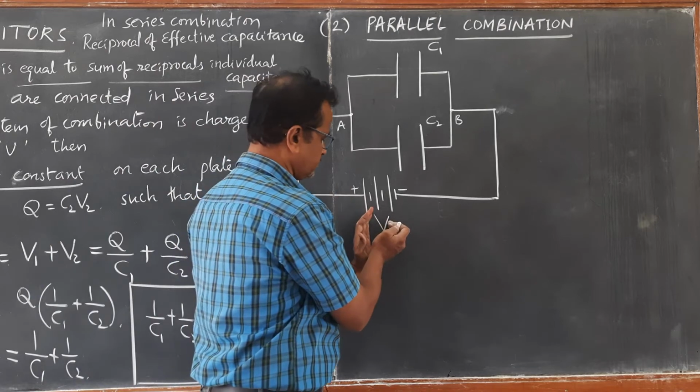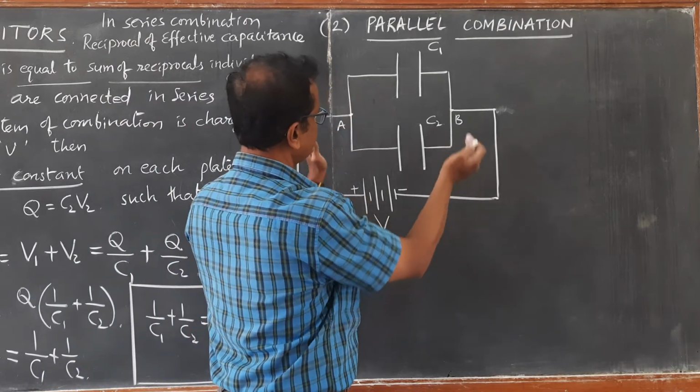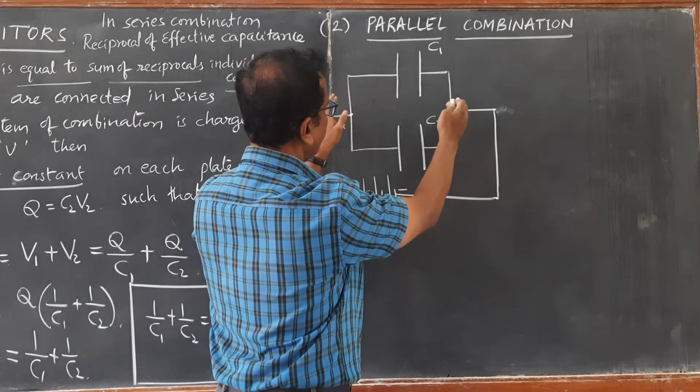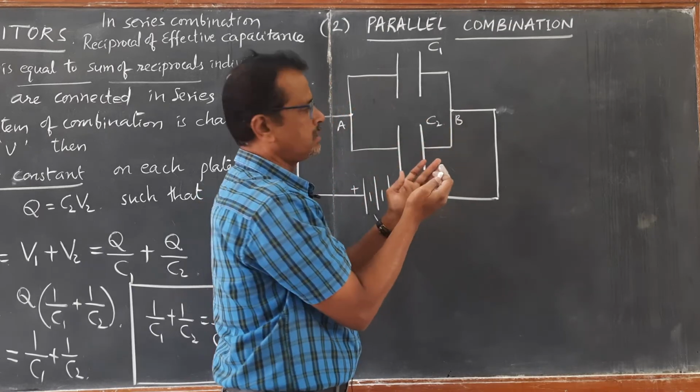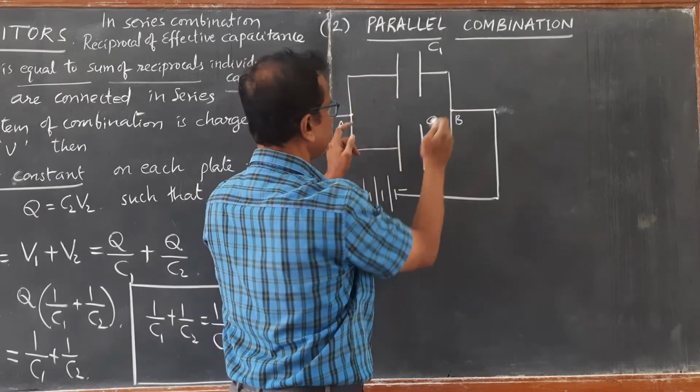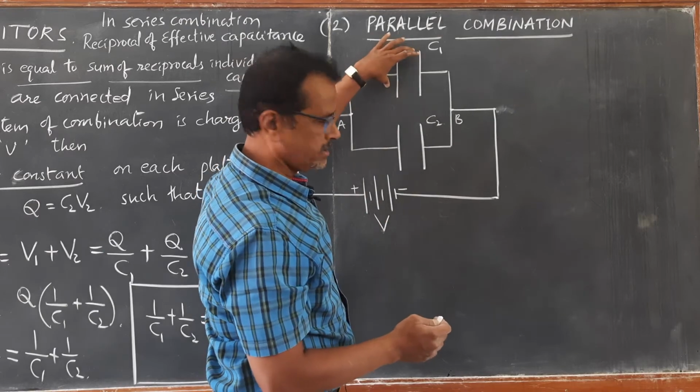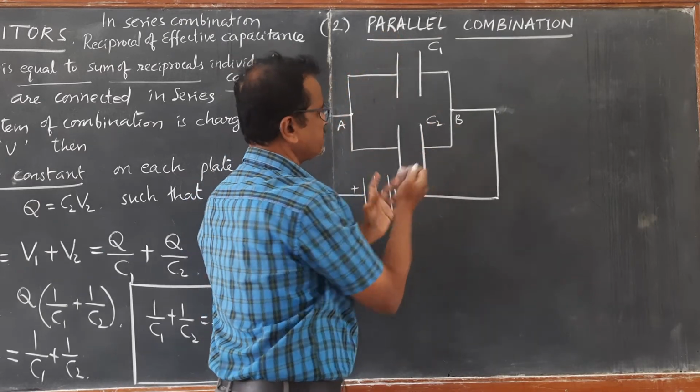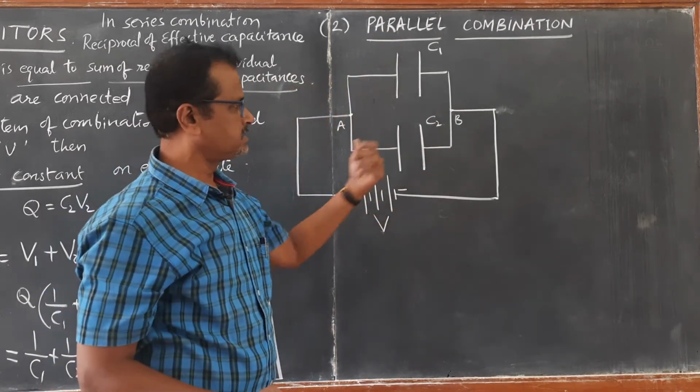So, the entire potential difference V is provided across AB, and AB is a common potential, common terminal. A and B are the common terminals for C1, and A and B are the same terminals for C2.